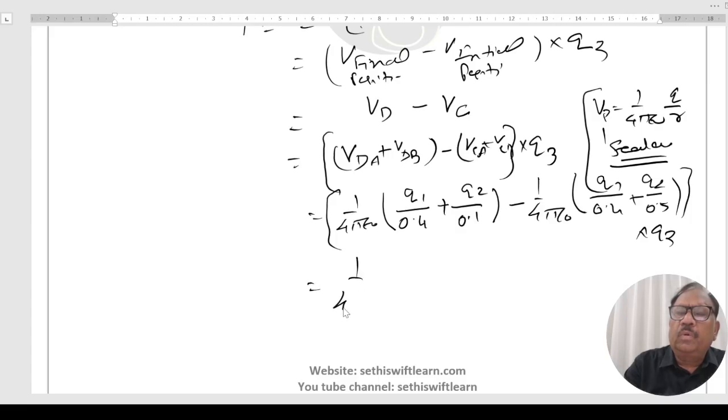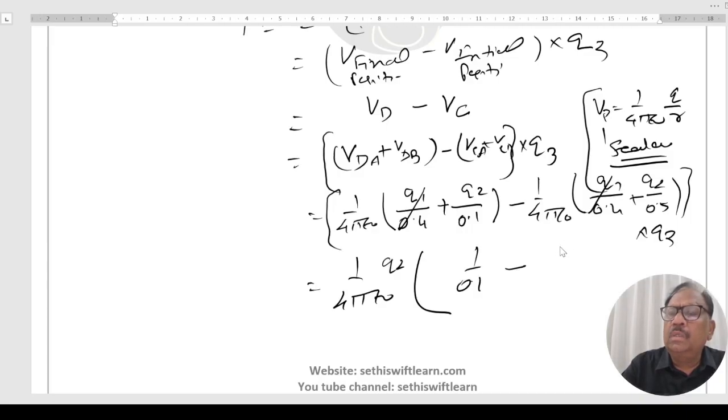So 1 over 4 pi epsilon naught taken common. On simplification, the Q1 term goes. Remaining is Q2, which we also took common, and this comes out to be 1 over 0.1 minus 1 over 0.5.